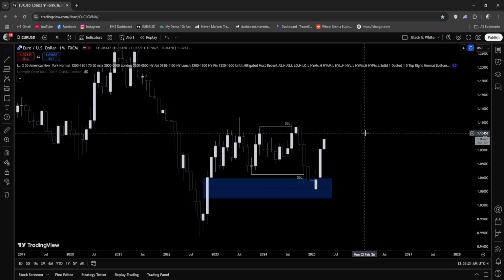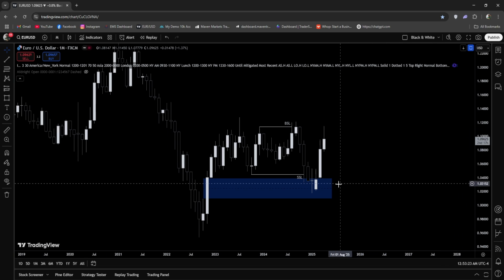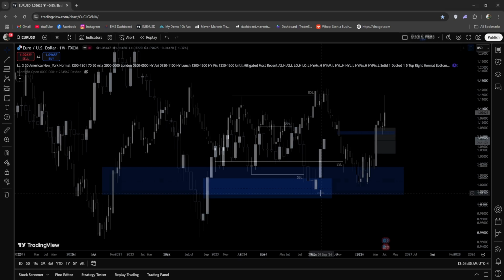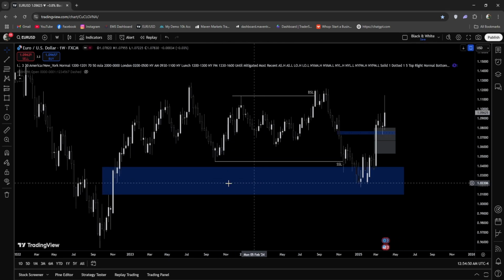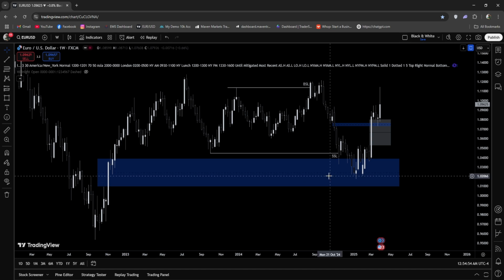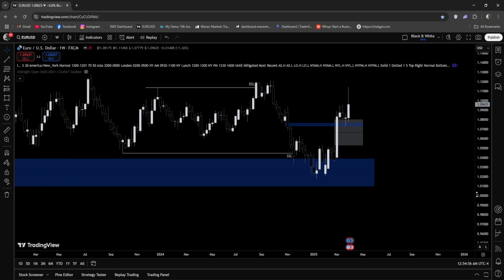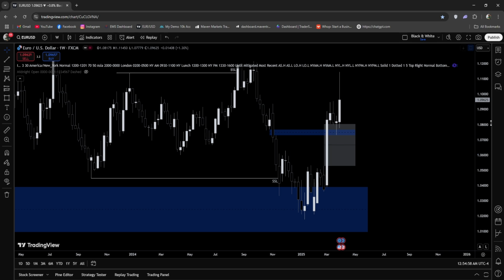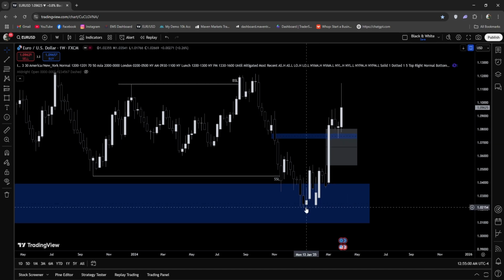So let me show you guys how it looks on the weekly chart. This is how it looks on the weekly chart. We can see that the monthly fair value gap has been filled really well, and I actually did this analysis, the one I'm showing you right now, when we were over here.